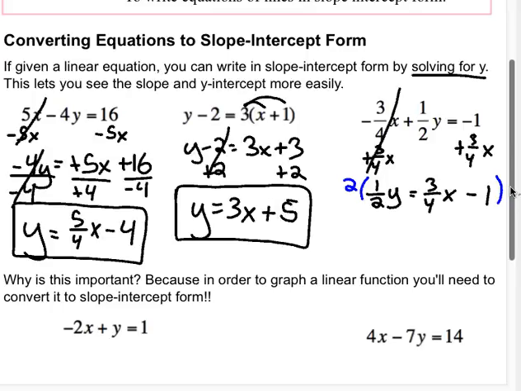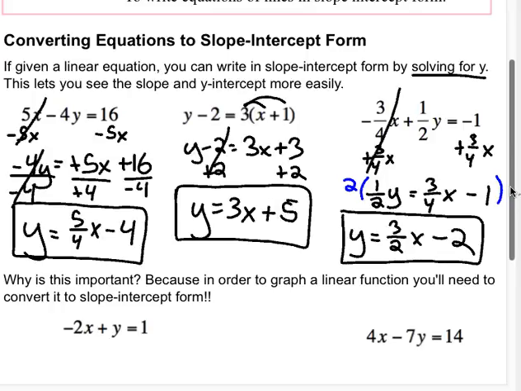That cancels the 1/2 that's with the y, getting rid of that denominator. 2 times 3/4 would be 6/4, which reduces to 3/2. 2 times negative 1 gives me a negative 2. It multiplies the entire equation. And now, once again, I have slope-intercept form, so I can see the slope is 3/2 and the y-intercept is negative 2.